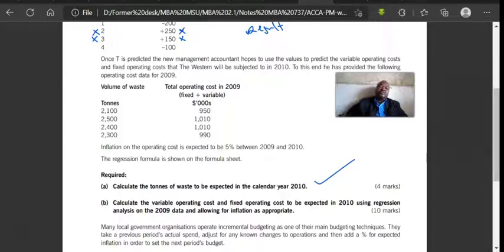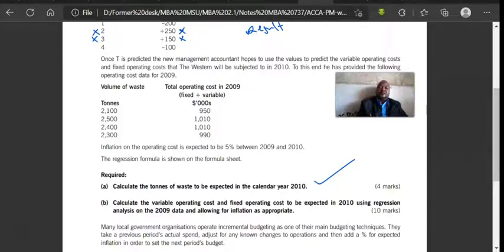You can see for yourself there that we've got the volume of waste in tons, and the total operating cost in 2009, which is fixed plus variable cost. So you can see that the higher the tonnage collected, the higher the amount of cost.